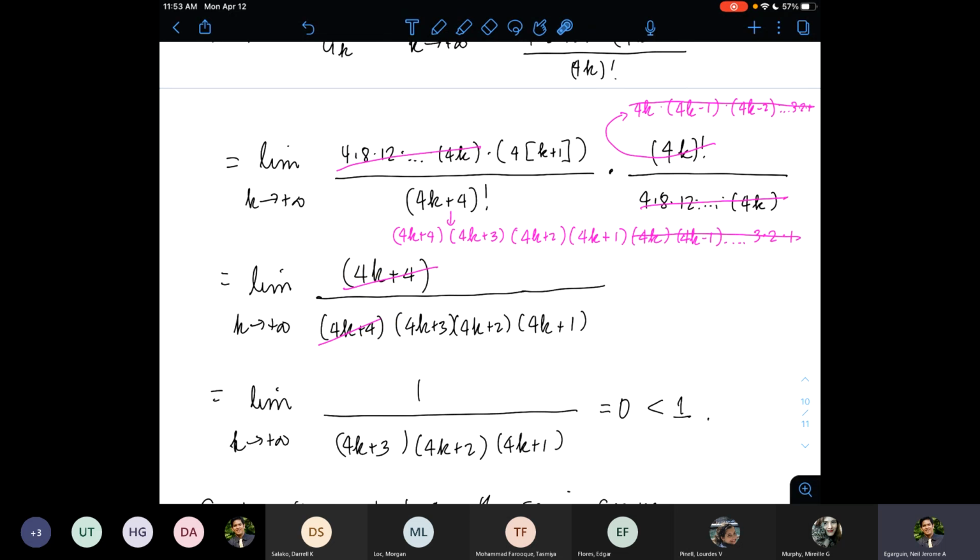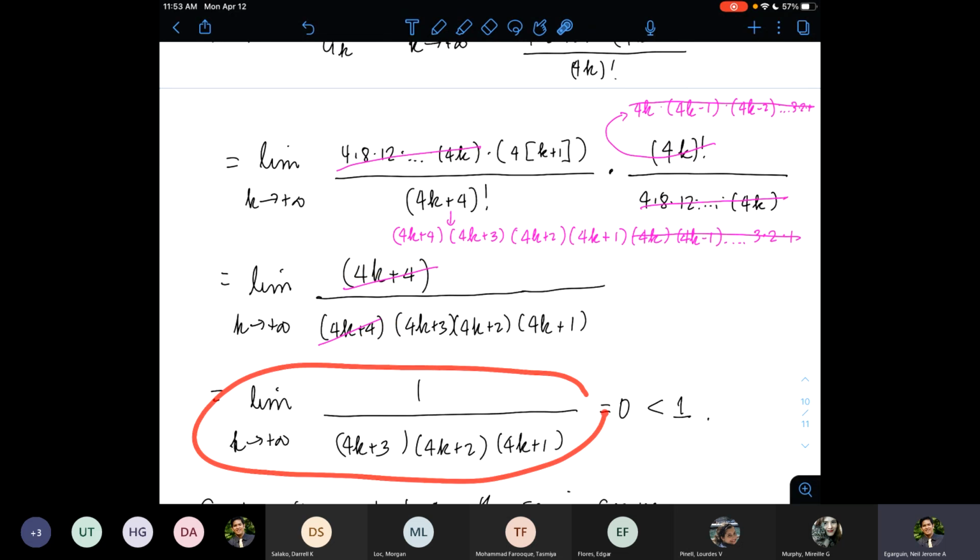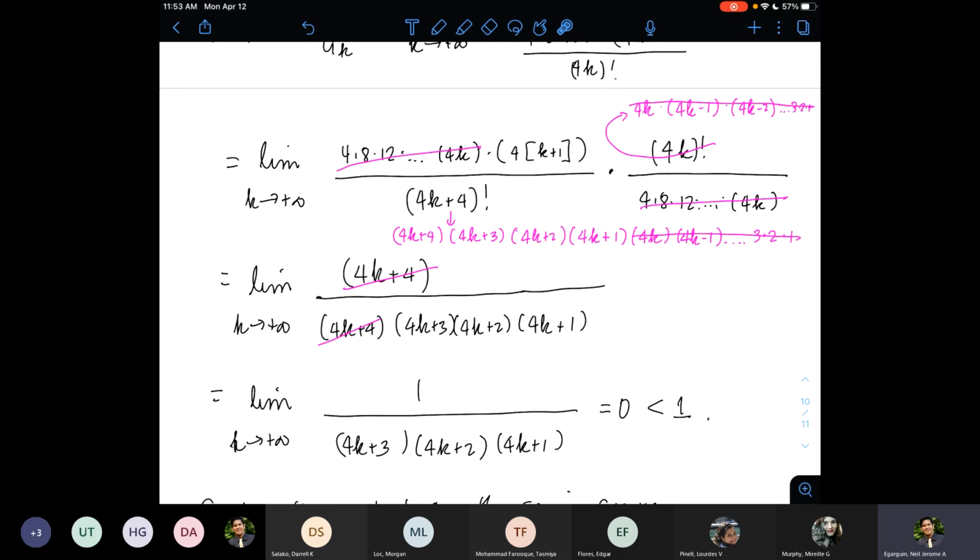So the ratio boils down to this guy. And this is 0 because when k becomes very large, 4k plus 3 becomes very large, 4k plus 2 is also large, 4k plus 1 also becomes large. So the denominator becomes very, very huge. 1 divided by a large number goes to 0.